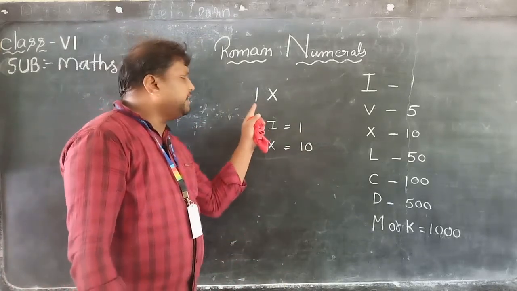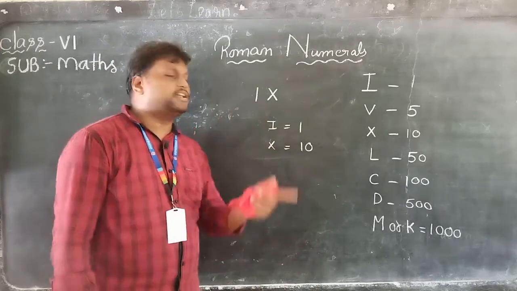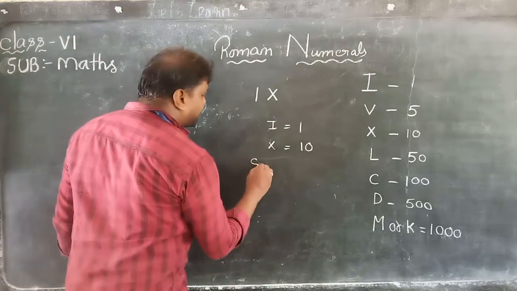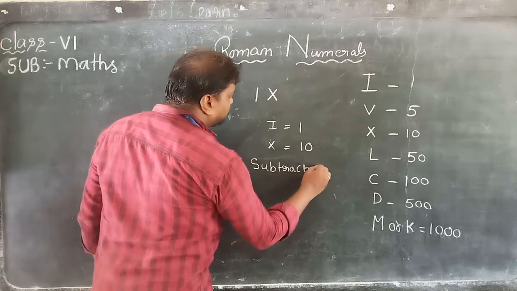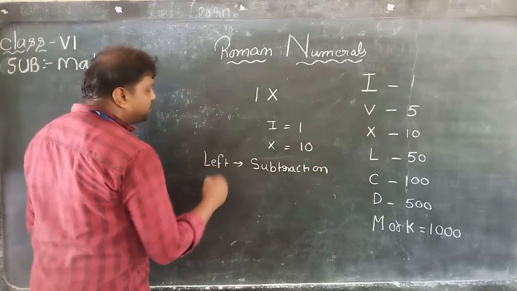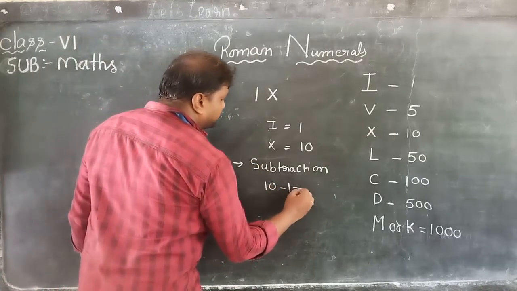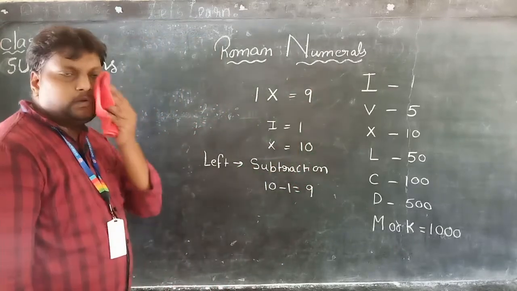Then if the small value is on the left side of the bigger value, we can use subtraction. Left side means subtraction: 10 minus 1 is equal to 9. This value is equal to 9.